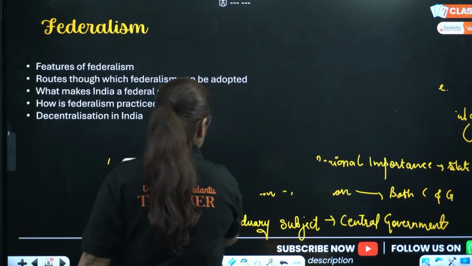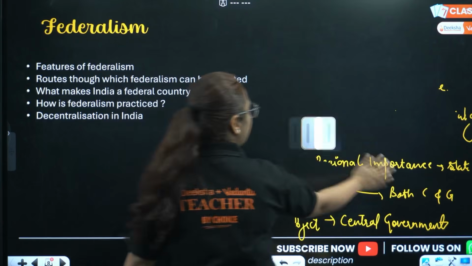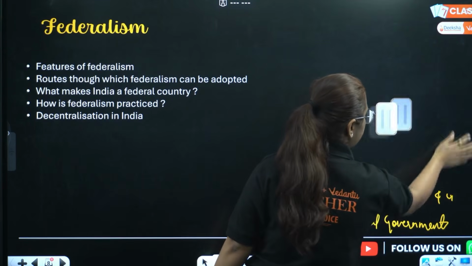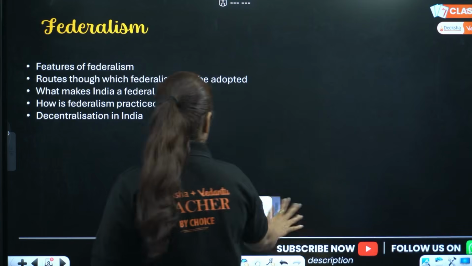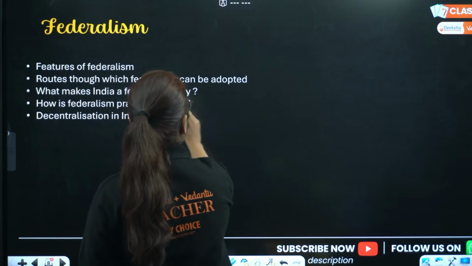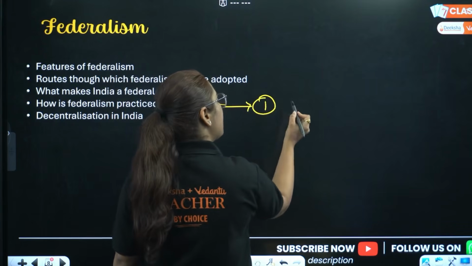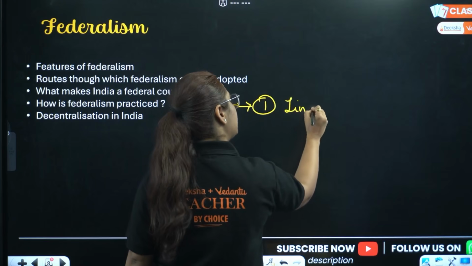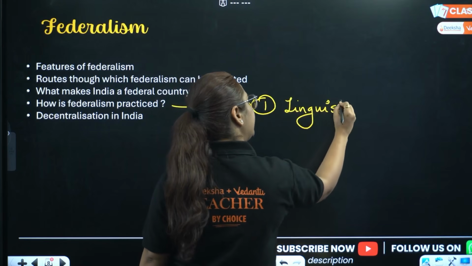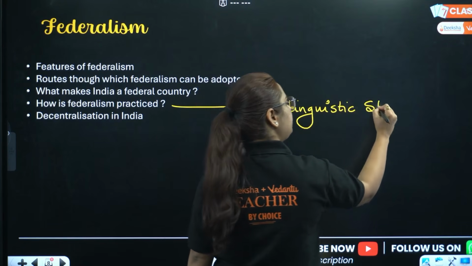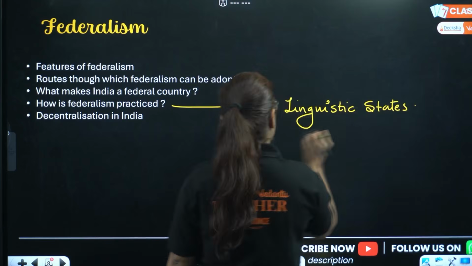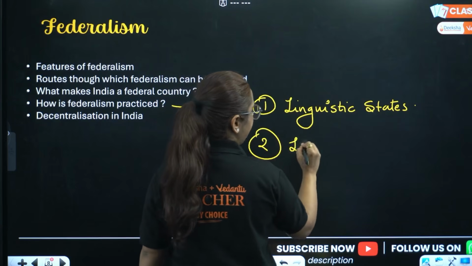Okay, this makes India a federal country, my dear students. Now, how is federalism practiced in India? When India became an independent nation, there was so much work in front of our leaders. The first is the formation of states, in which we will talk about linguistic states. Then there are language policies.